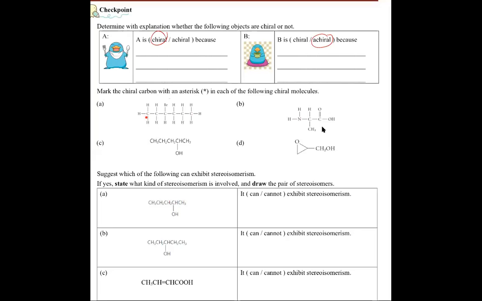Okay, for the first example A, number the carbon from the left hand side, because we want to get the lowest number for bromine's position. So carbon 1, 2, 3, 4, 5, 6. Which carbon is the chiral carbon?